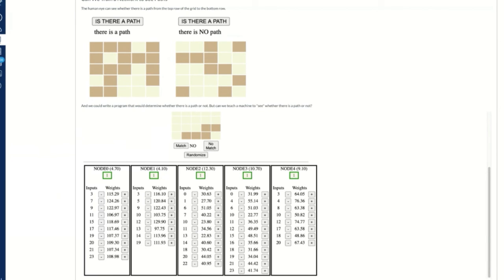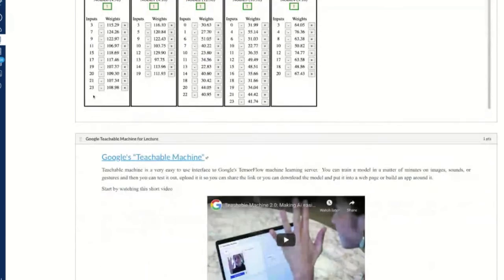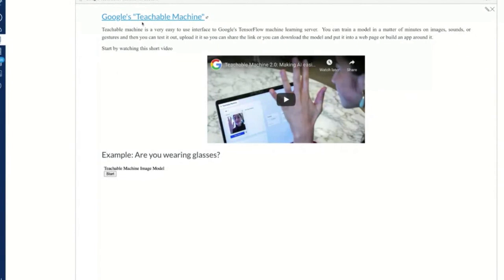Okay, so let's slide down here. I've lost my slide. Okay, over here. So what we want to do now is ask you to open up a... I'll put this in the chat. Oh, that's not the right Teachable Machine.